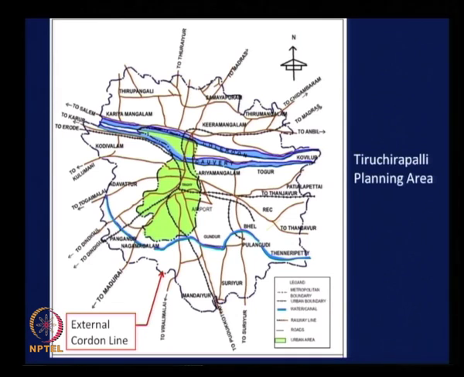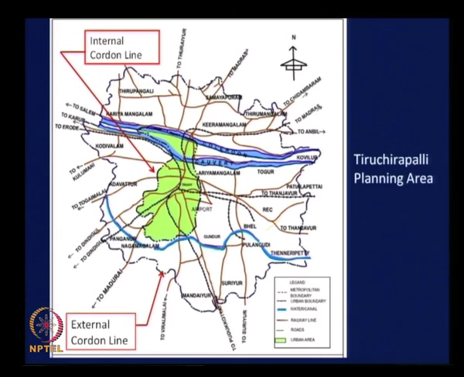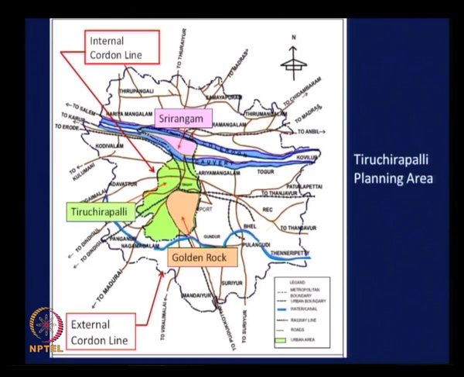That is how the line has got a difficult uneven shape. And the internal cordon line was taken as the municipal boundary itself, putting all the 3 municipal towns of Srirangam, Golden Rock and Tiruchirappalli together. The combined boundary for all the 3 municipal towns together is the internal cordon line, and you can have many more cordon lines if you want to cross check your data at regular intervals over space.